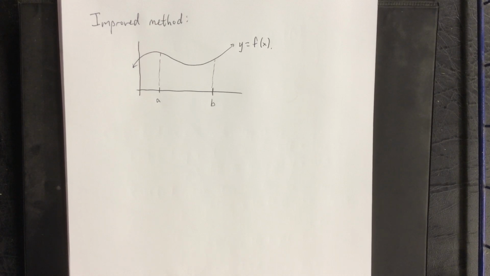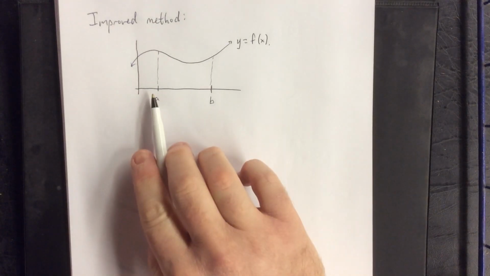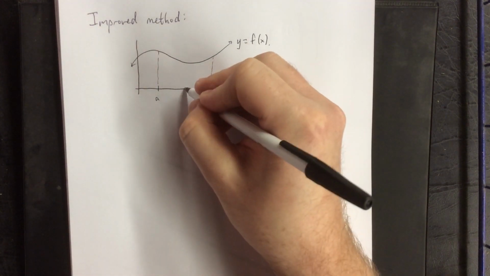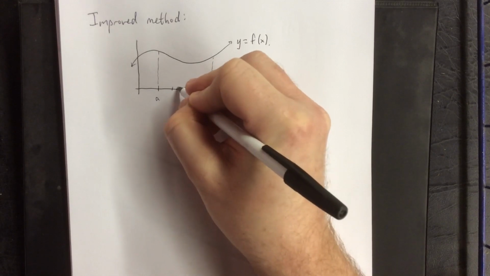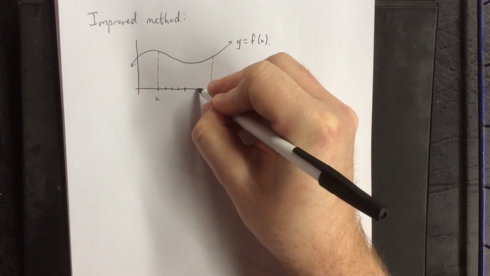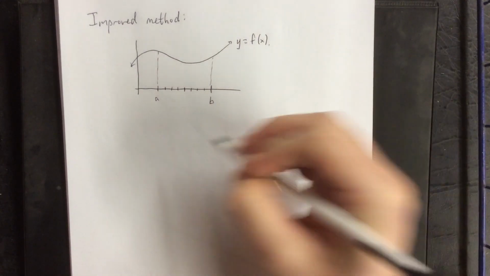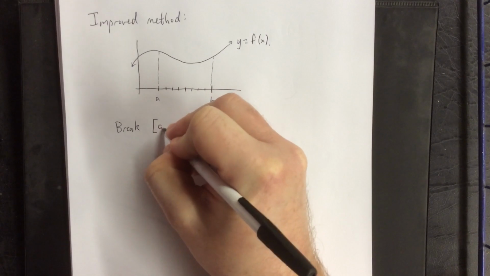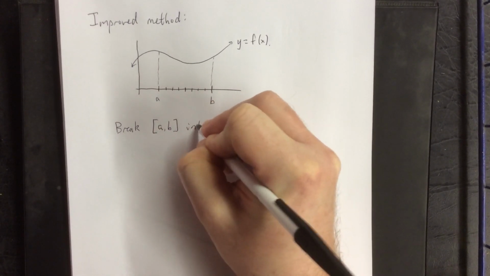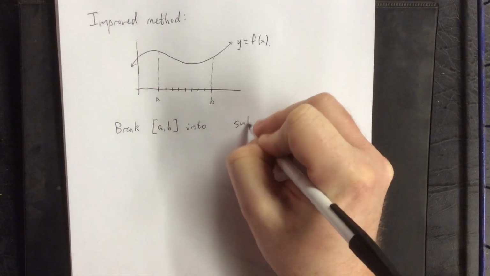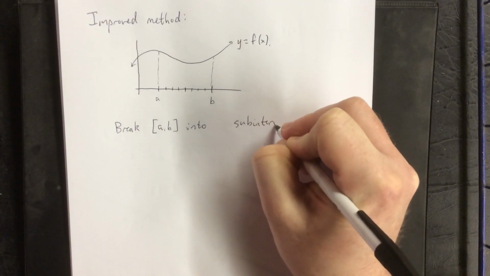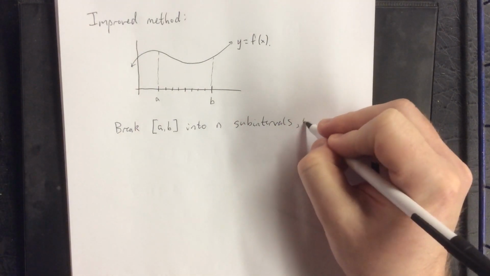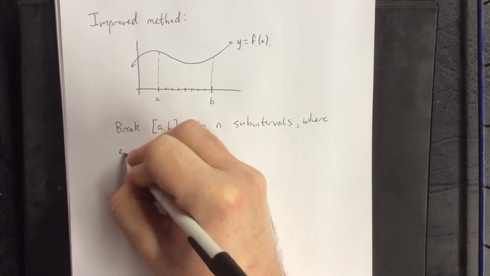So the improved method says rather than using the entire interval to approximate this area, what if we were to take this interval from A to B, and break it up into a bunch of smaller intervals? So break the closed interval into subintervals, and the number of subintervals that we're going to use is going to be referred to as a variable called n.